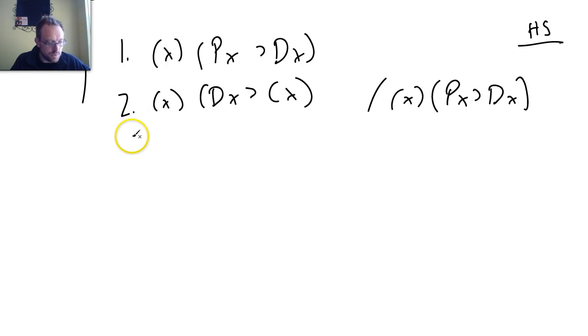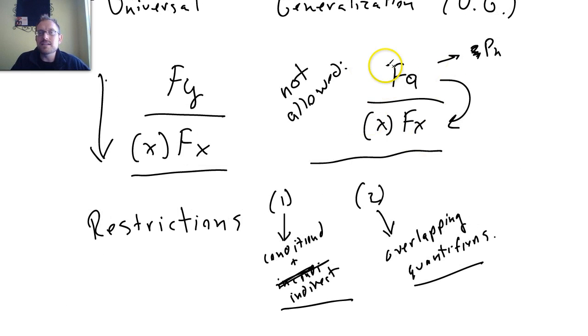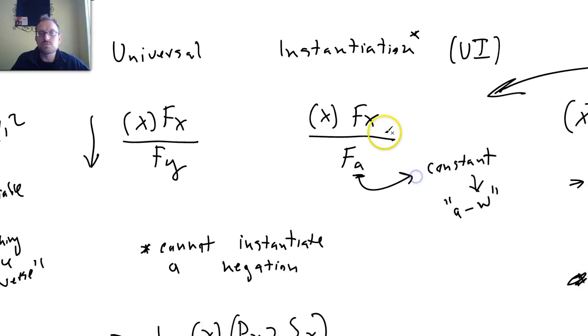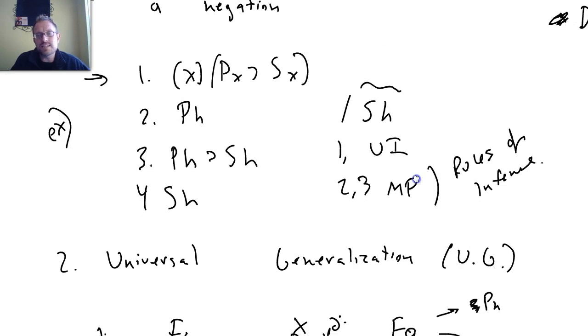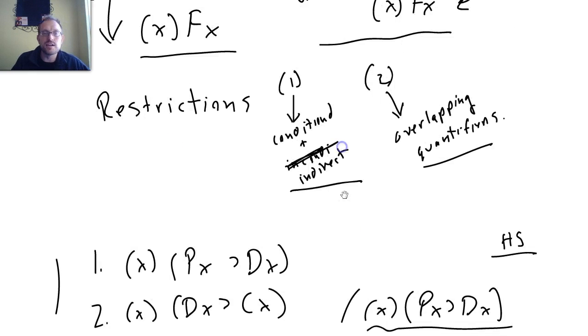So what we have to do is instantiate. Since my conclusion is quantified, and I have this restriction, that means when I instantiate, I could instantiate to a constant, but I don't want to, because if I instantiate to a constant, I can't re-generalize. So I'm going to want to instantiate to a variable.